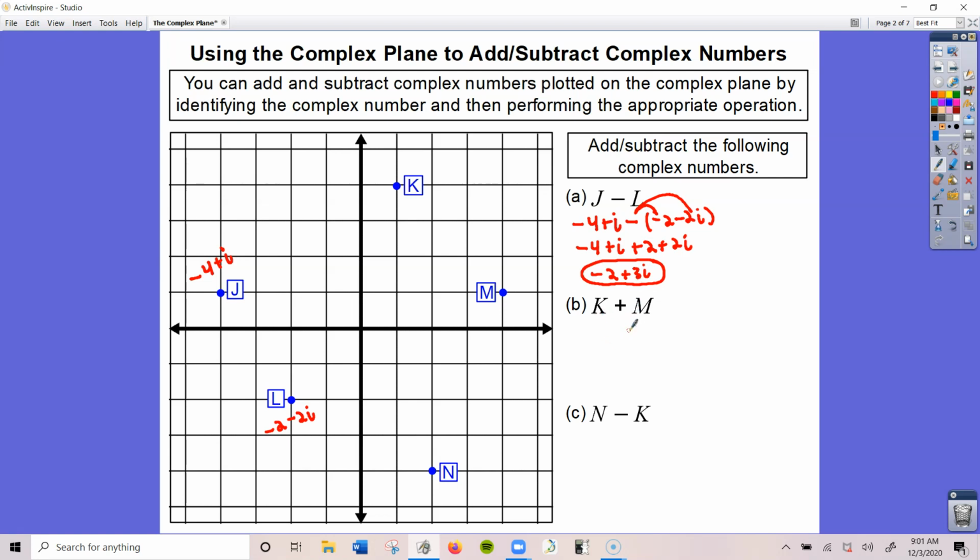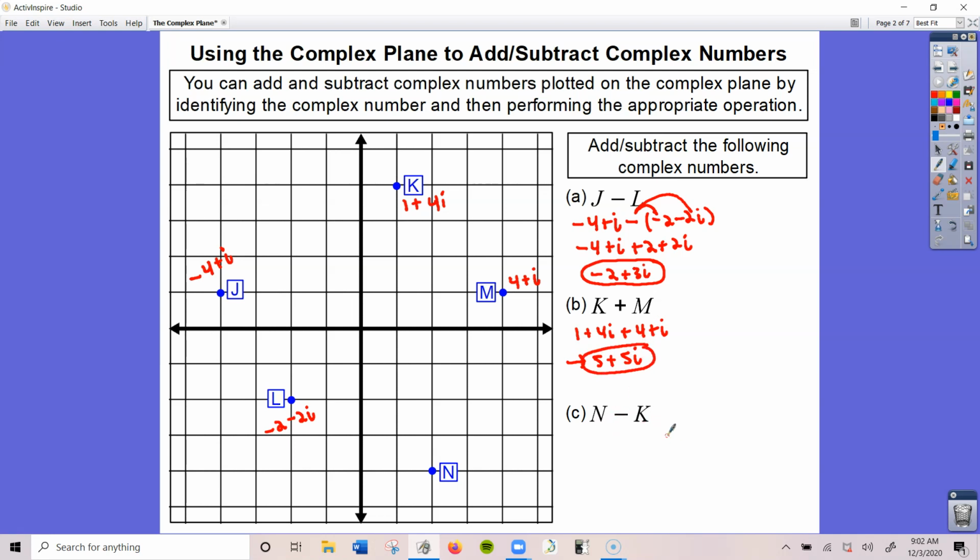Over here, K plus M. K is 1 plus 4i, and M is 4 plus i. If I were to add, that's 1 plus 4i plus 4 plus i, which would give me 5 plus 5i.